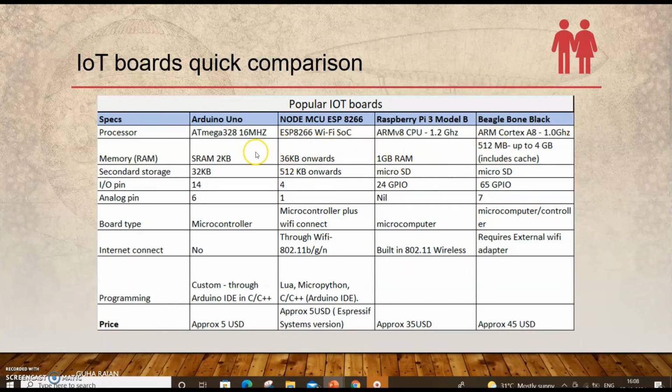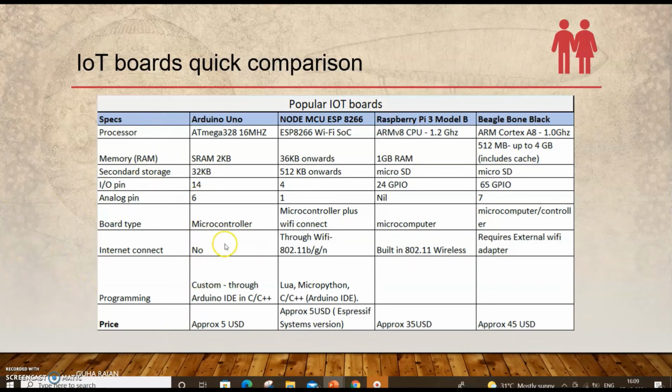The Node MCU is all in KBs. The IO pins are what is important, and the analog pins. Arduino Uno has the analog pin, which means you can send in signals in millivolts. It will convert them into a digital signal, so that the sensor input can be made digital and the processing can be done.